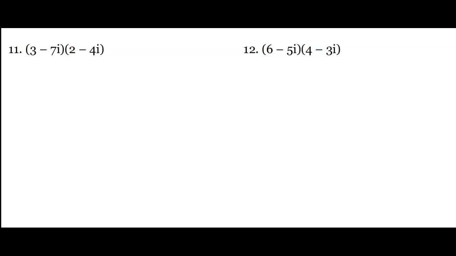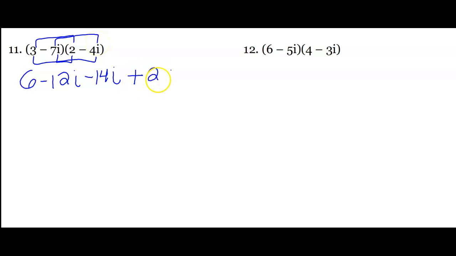What do you do if you have a parenthesis times a parenthesis? FOIL. Excellent. So first, 2 times 3, outer, inner, 14i, last. A negative times a negative is always positive: 28i squared.